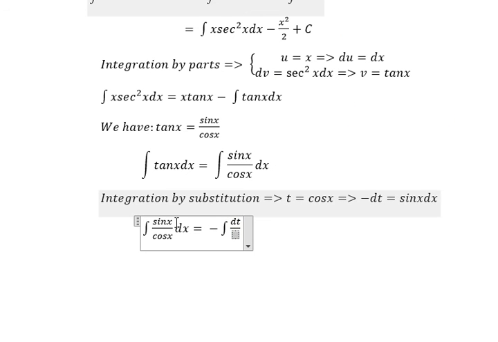This one, that's the cosine s, so we change to t, and we got negative logarithm base e of absolute value of t plus c, and we change t back to cosine s.